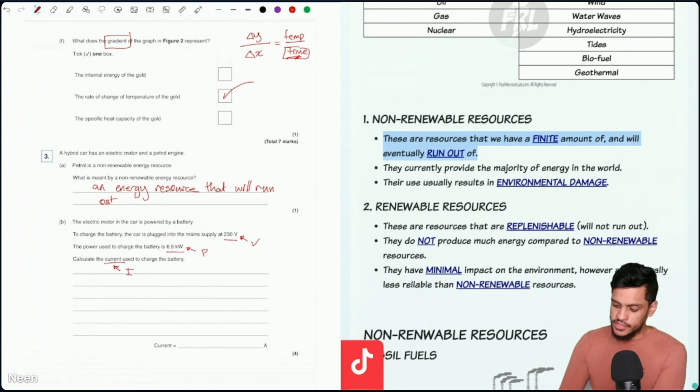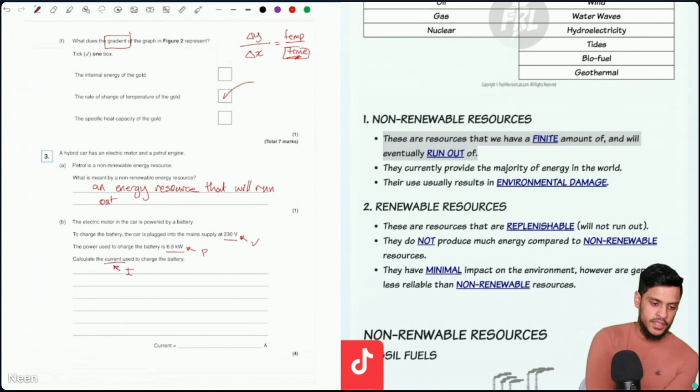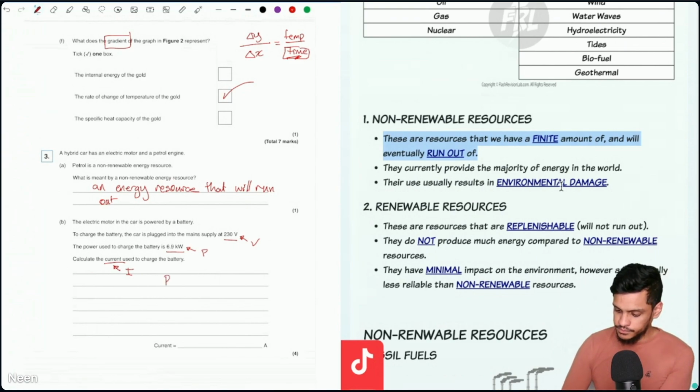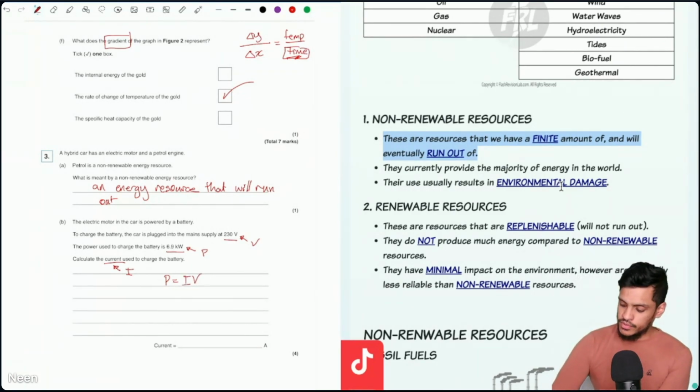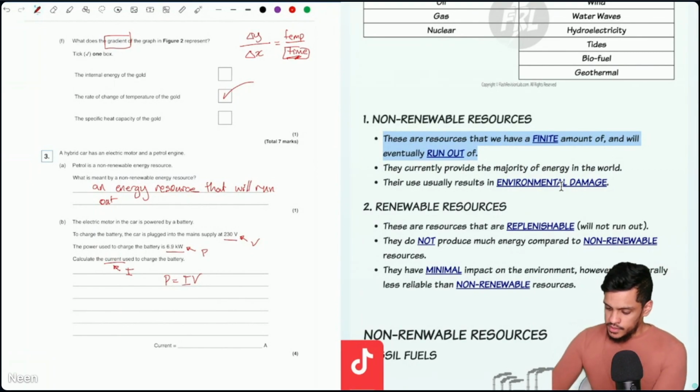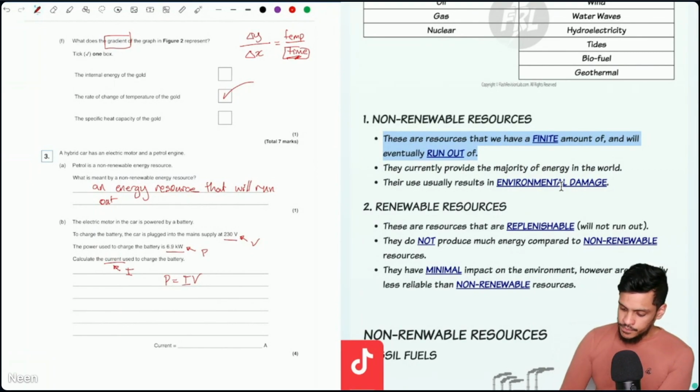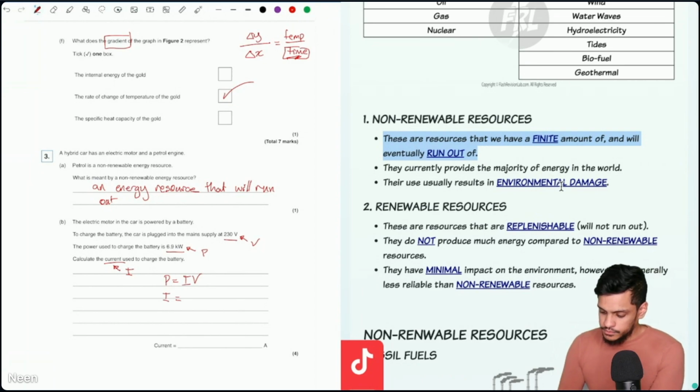So we want an equation with P, V, and I in it. You can look that up in the equation sheet, and you'll get the equation. P is equal to IV. Power equals current times potential difference. We want to rearrange this equation to get current as the subject.